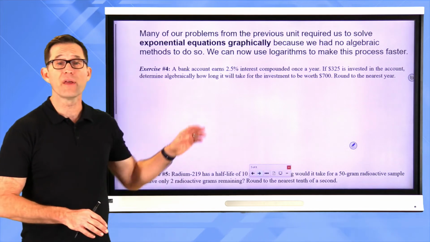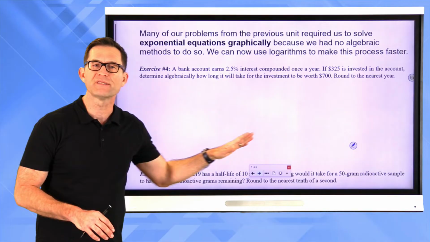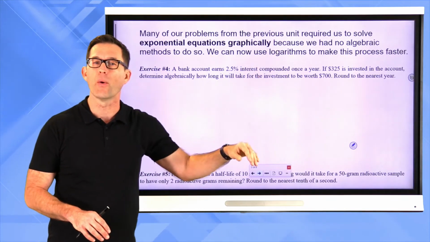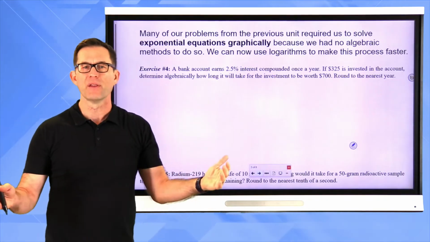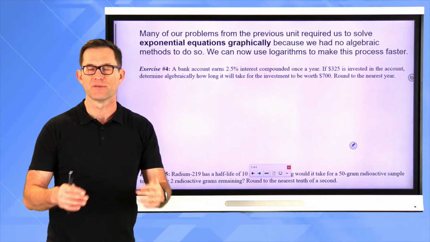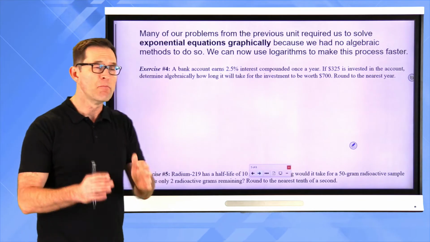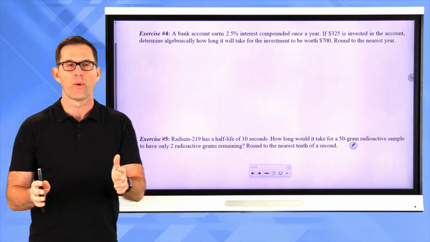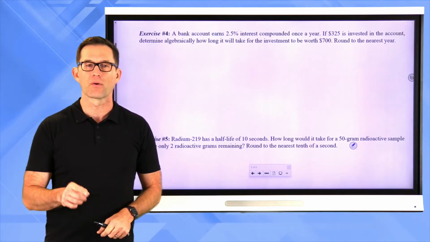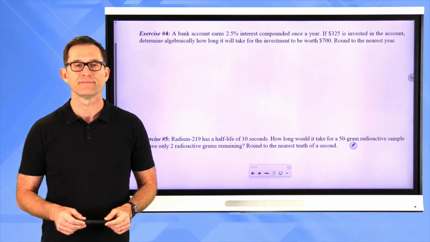And again, I still think that graphically sometimes it makes a lot of sense, because maybe you want to see the population graph going up, and maybe you want to then see a horizontal line where the population hits some kind of a level. I like that. I think that's got a lot of value to it. But if you're just looking for the answer to some kind of equation solving question, logarithms are your opportunity. Let's take a look at exercise number 4.